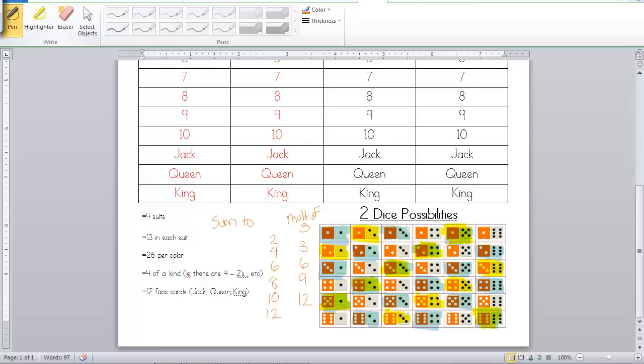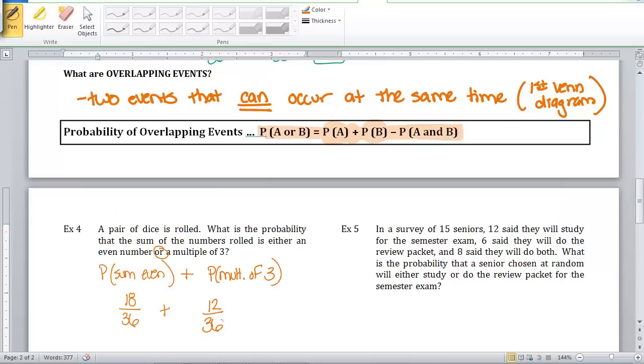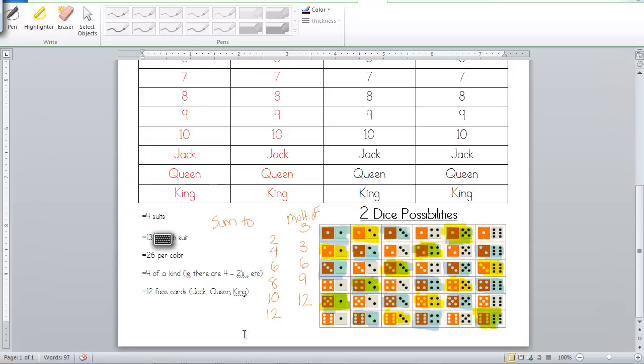Now, if I look back at the dice sheet, there were a couple of times where I was summing to a multiple of 3 and an even number. Whenever I got a value of 6, I was summing to an even number and a multiple of 3.